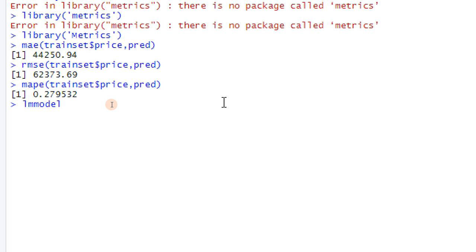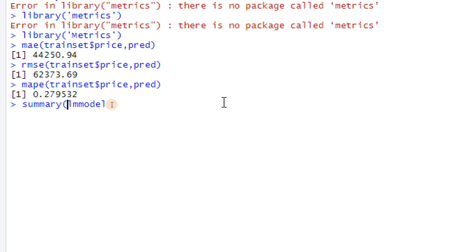That means my model is 73% correct. My model predicts 73 percentage. That means I am giving statistical significance, right?